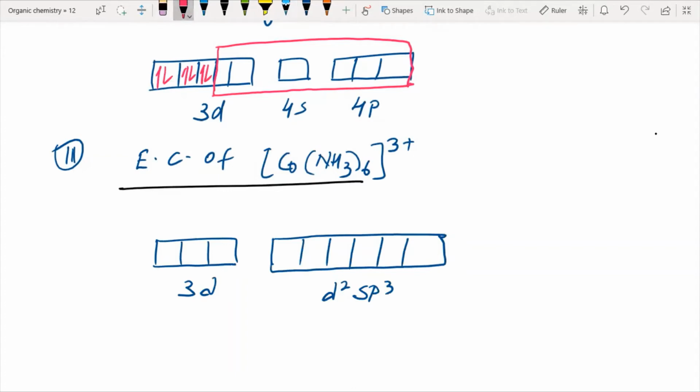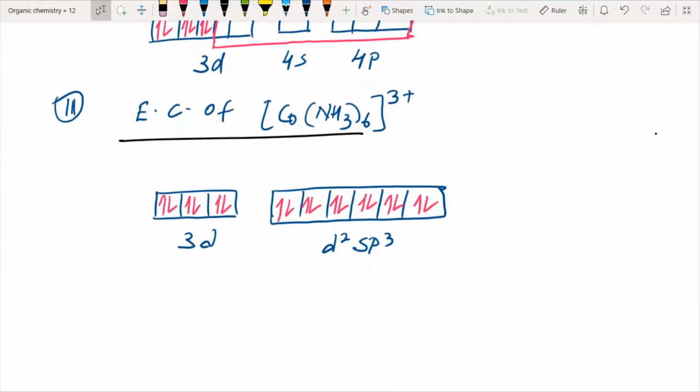Filling up electrons: we have 6 electrons of the metal itself. Next, in the 6 d2sp3 orbitals we have in all 12 electrons, 2, 4, 6, 8, 10, 12.